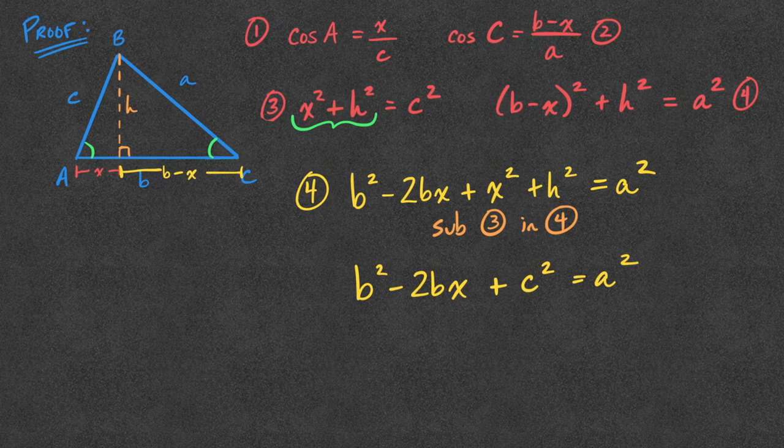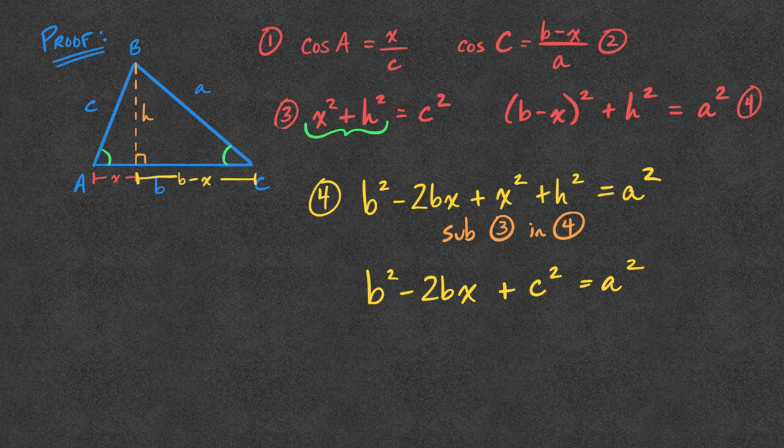I want you to notice something important. When you look at that first gold line, do you notice that that x squared plus h squared were two parts that I labeled on my diagram that were never a part of my original triangle? They were things I had to put in there. So when I'm trying to work my way through to come up with a cosine equation that's useful for me, I only want parts of the original triangle.